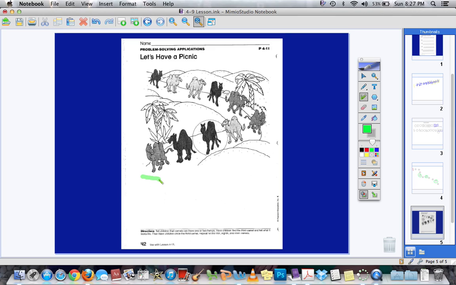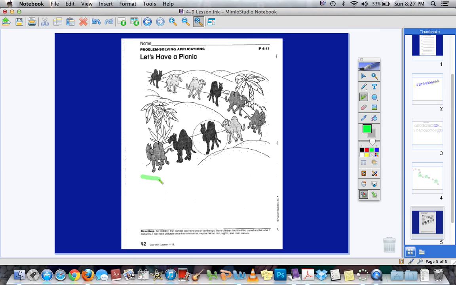All right, the next camel they'd like you to find is the fifth camel. All right, very good.